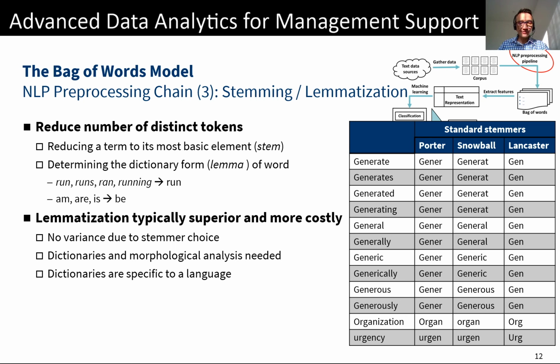And after carrying out these tasks, you take your text, you tokenize it, you filter stop words, and then you reduce the number of distinct tokens by stemming or lemmatization. You have this bag of words that is left after all these steps. The tokenization gives you the bag of words, then you filter out some words, then you further reduce the number of distinct words through stemming, and then you're left with your bag of words.